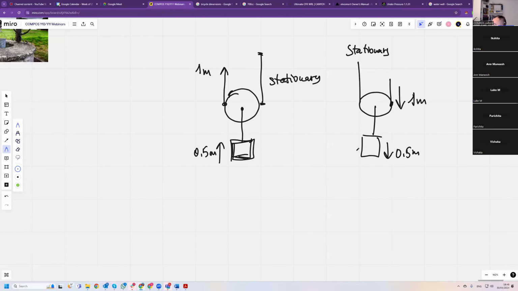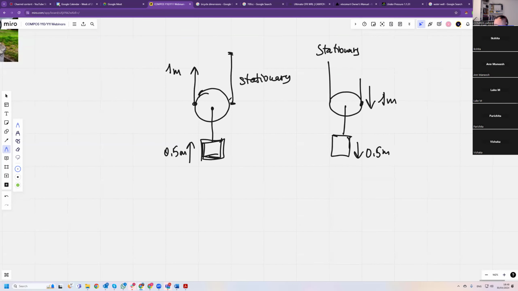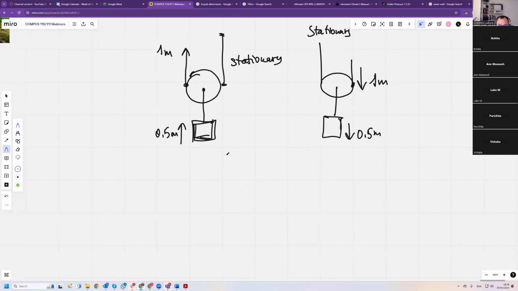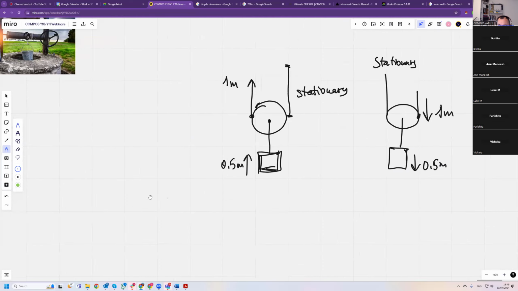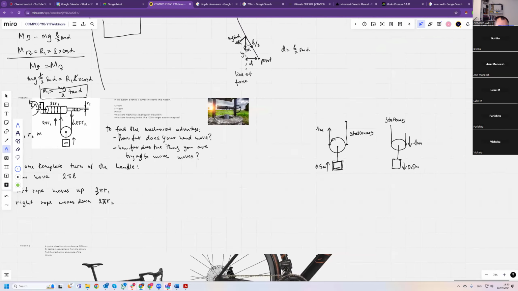So does everyone understand why this is true? We've done pulleys, movable pulleys, and we went through that. So therefore, if one goes up, one goes down, you move half of that distance.